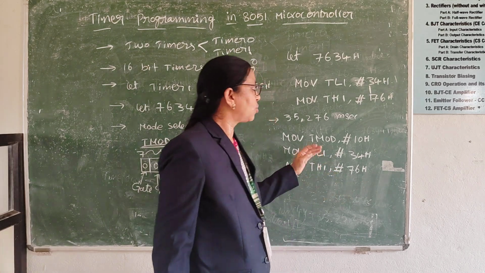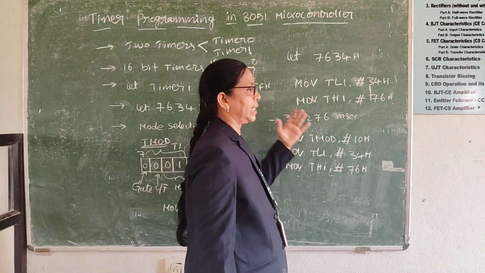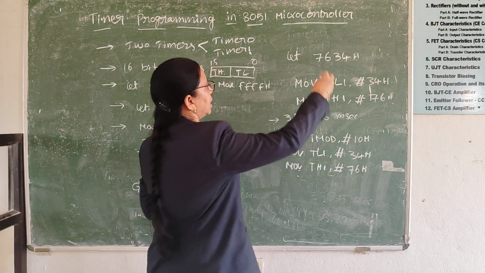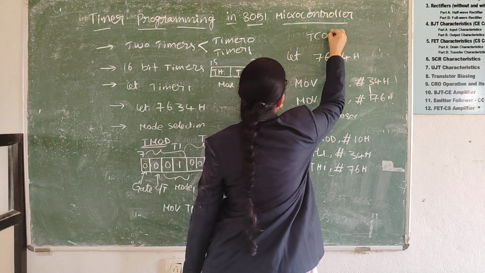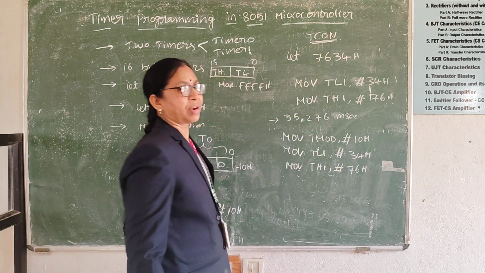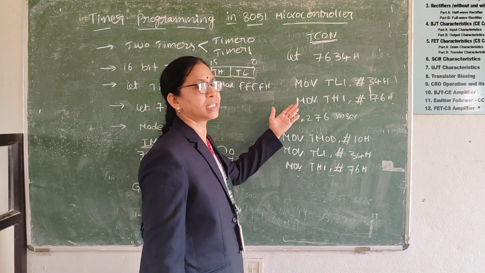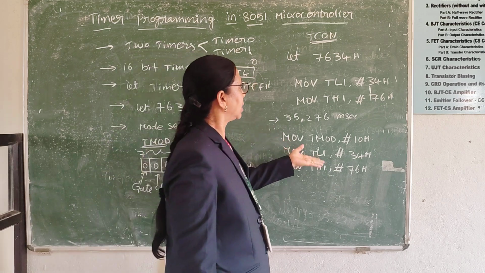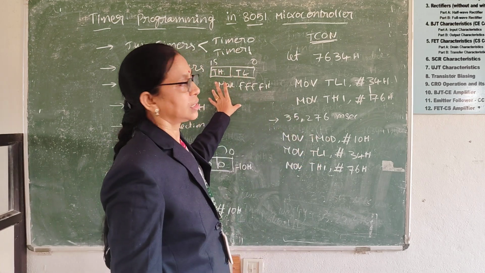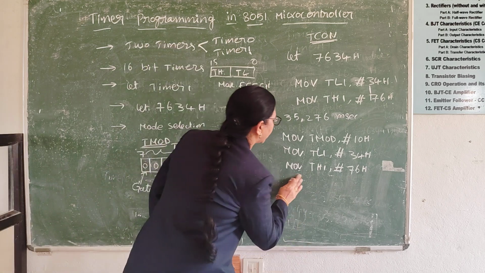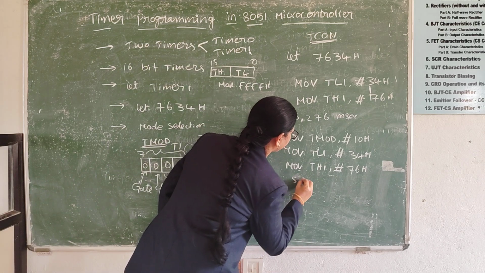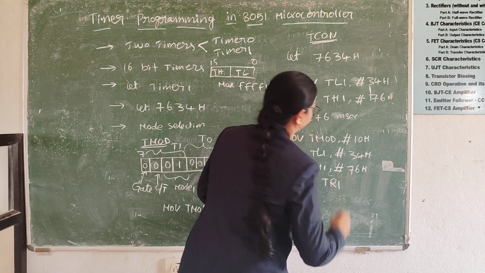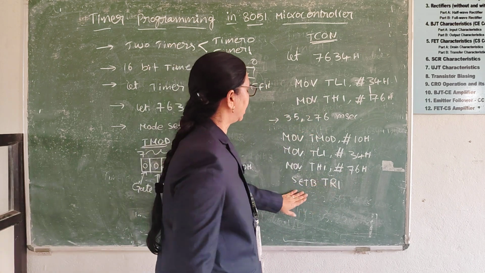Timer overflow, interrupt enable and interrupt type will all be discussed with the TCON register, which has flags that the 8051 sets depending on the overflow of the registers. Now I am running the timer: SETB TR1, so timer 1 will run.